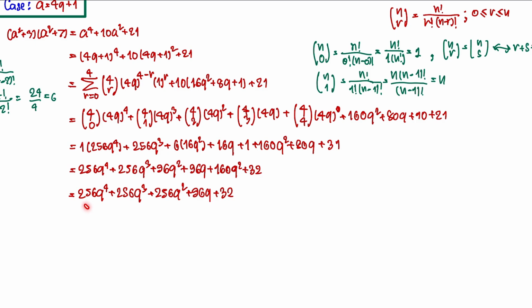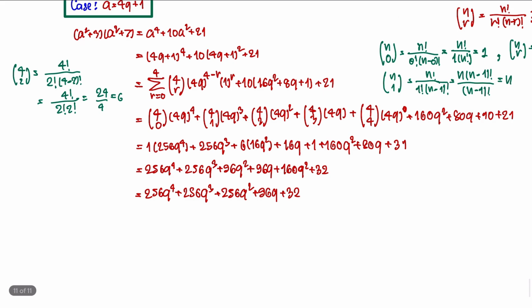It seems that all these terms have a factor of 32 because 256 is 8 times 32. So we've got 32 times aq to the 4 plus aq cubed plus aq squared plus 3q plus 1.